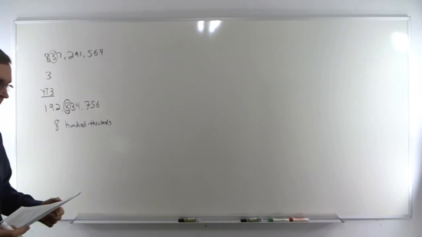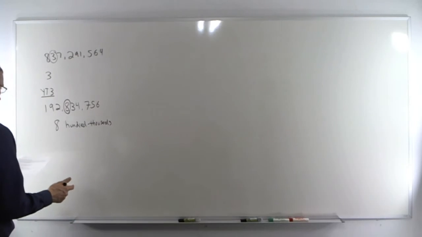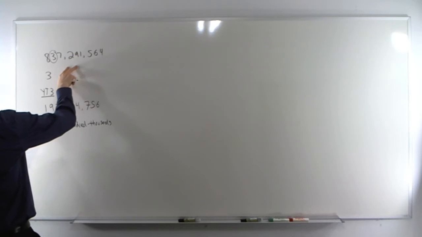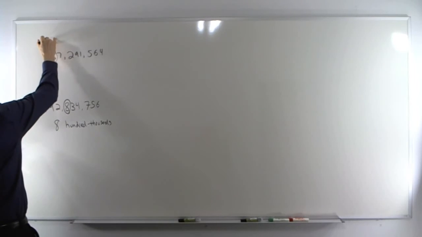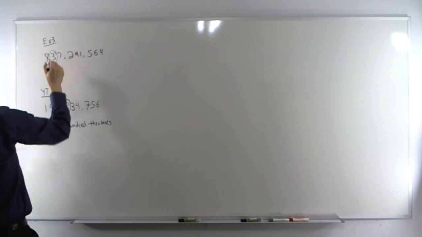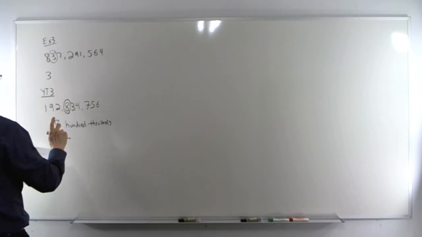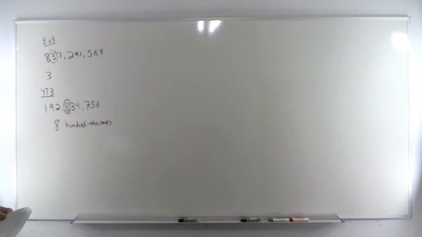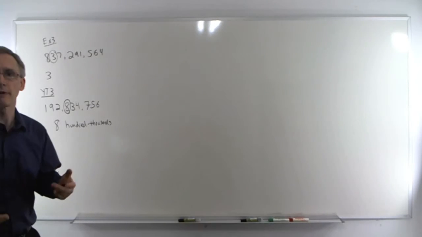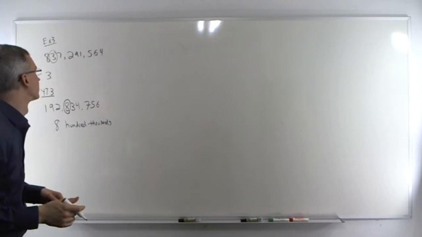Example 4, we're going to find the value of a specific digit. We saw in example 3 that the number contains 3 10 millions. If we want to find the value of that digit, we take the 3 and multiply it by the value at that place.